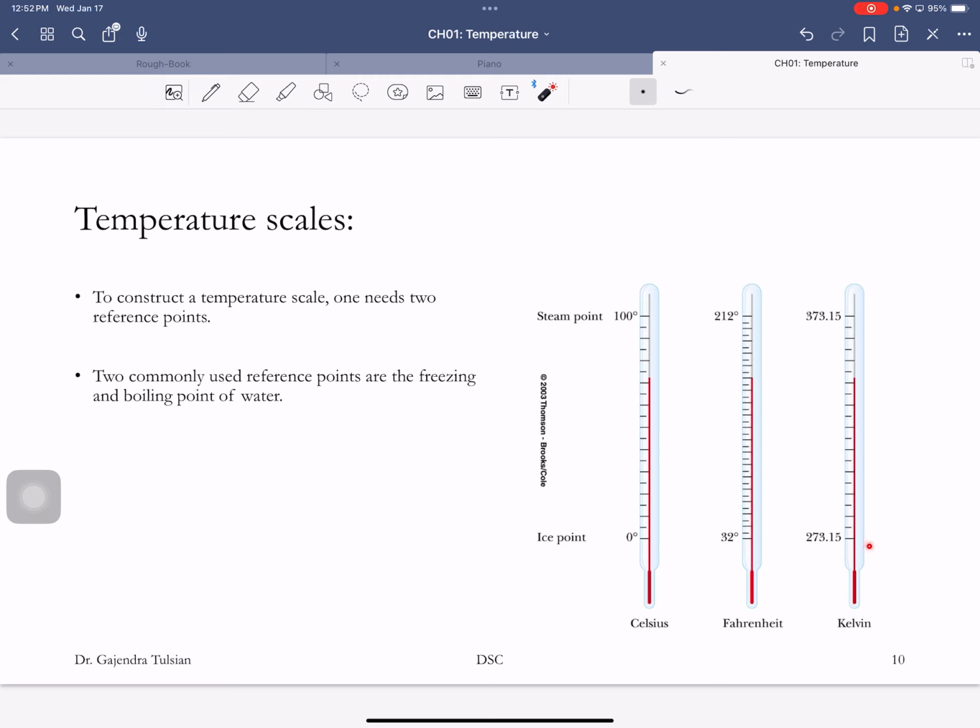So here's an interesting scale. 100 degrees between these two points, 100 degrees between these two guys. Seems redundant. So why invent this scale?